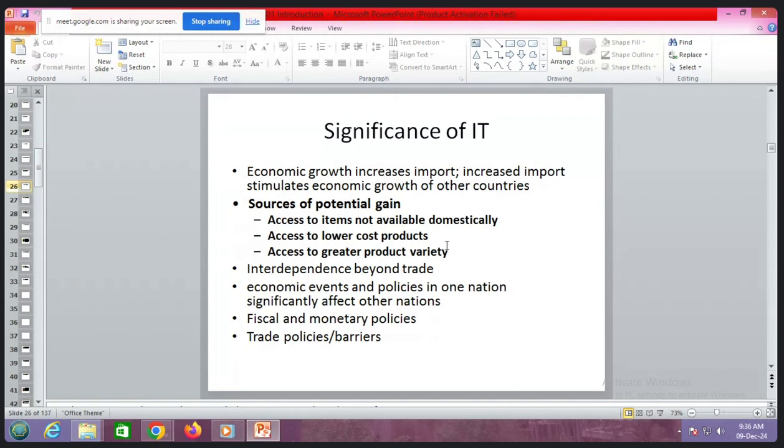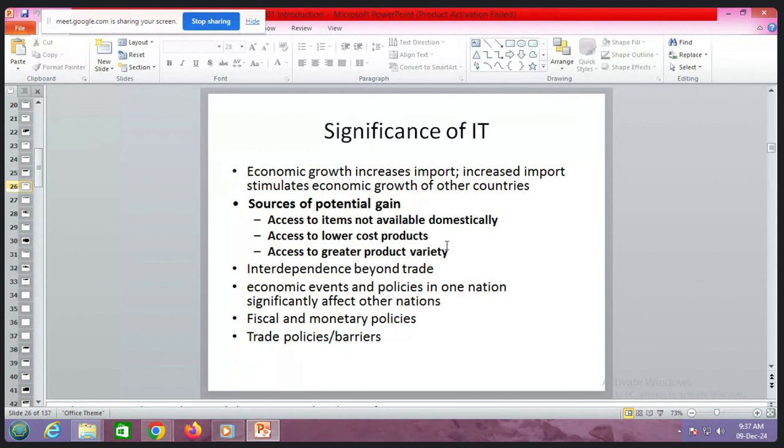So, understand this point, that when you are increasing the demand for imported goods, it is stimulating economic growth of other countries, because the other countries' goods and services are being demanded by you. So if you grow, you are exporting economic growth to other countries.